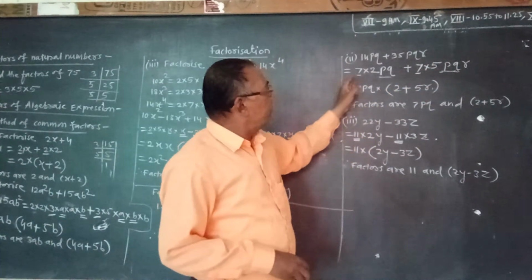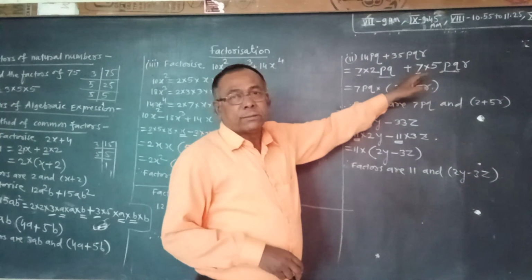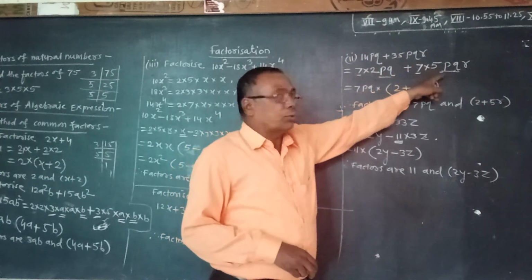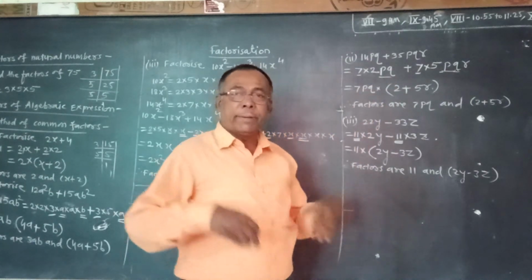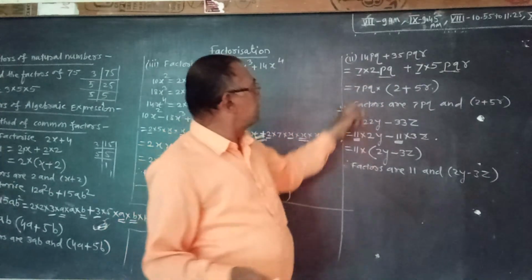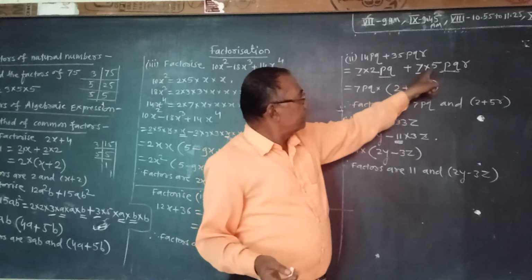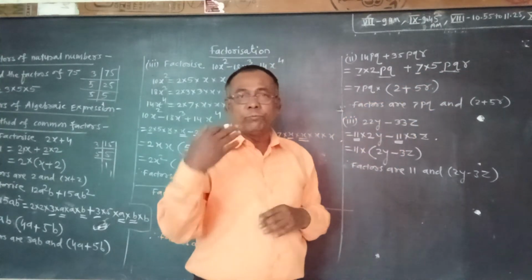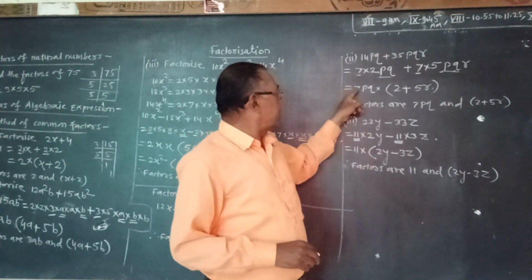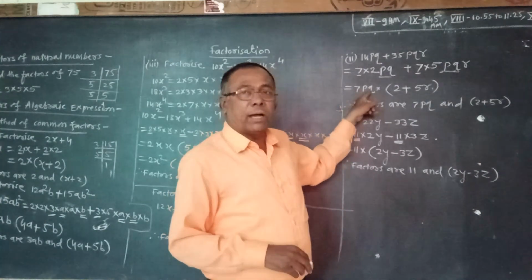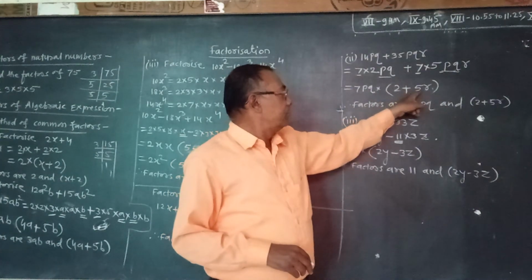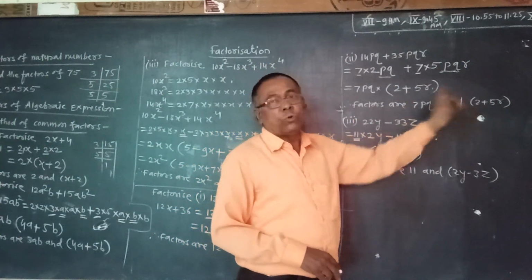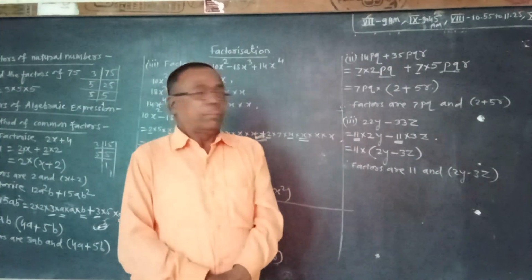From both these terms we can take 7 as a common, then pq can also be taken as a common, and the remaining terms in the bracket are 2 plus 5r. So we got the two factors, 7pq and 2 plus 5r.